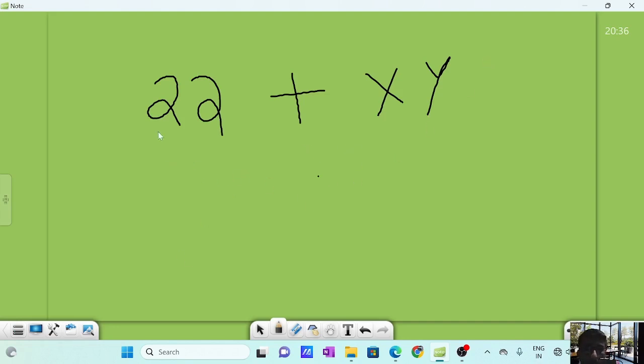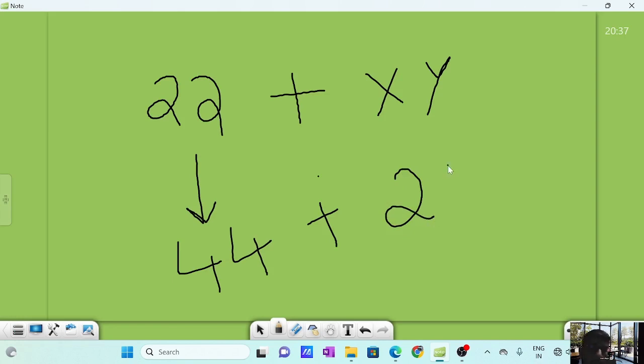So this is 22 pairs, which means 44, right? And one more pair. Pair means two, so 44 plus 2 is equal to a total of 46 chromosomes.